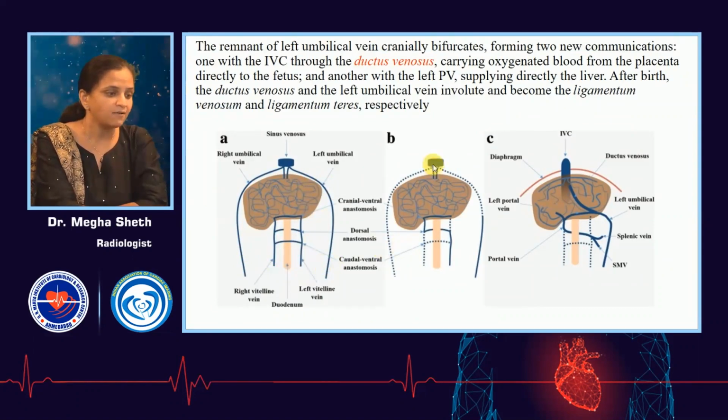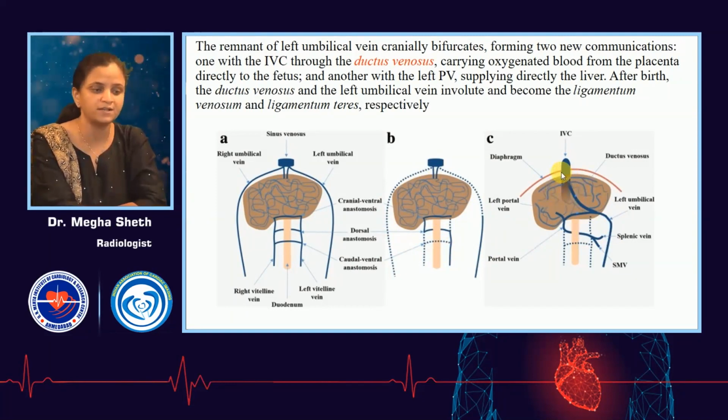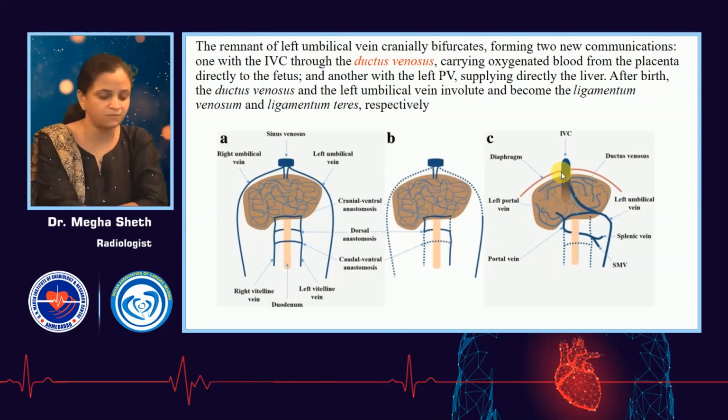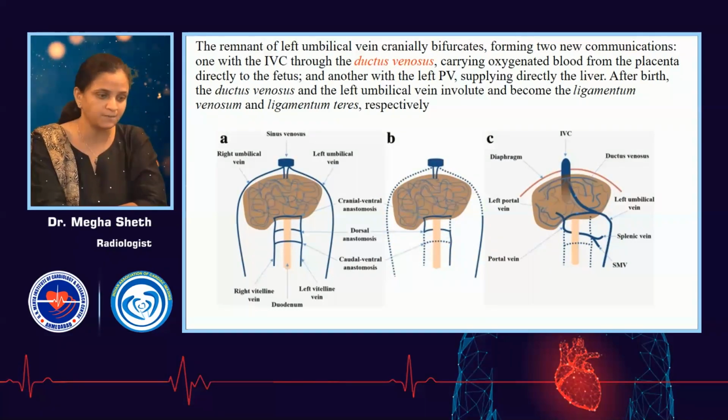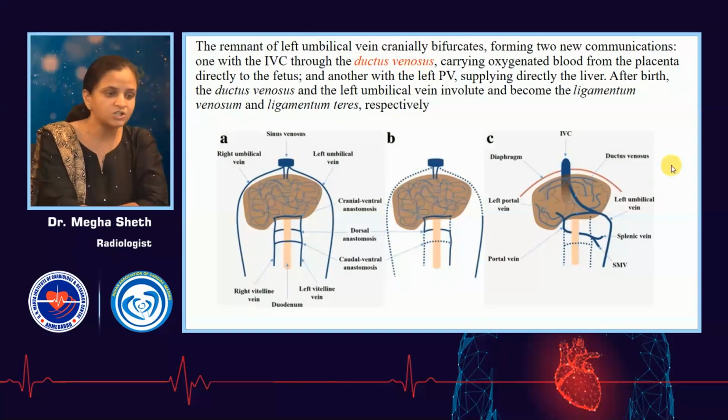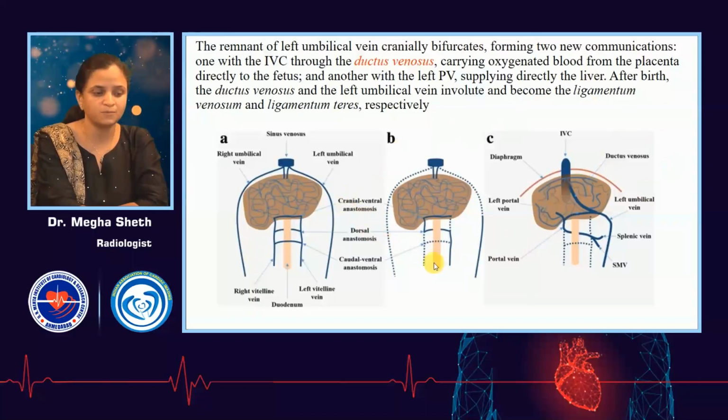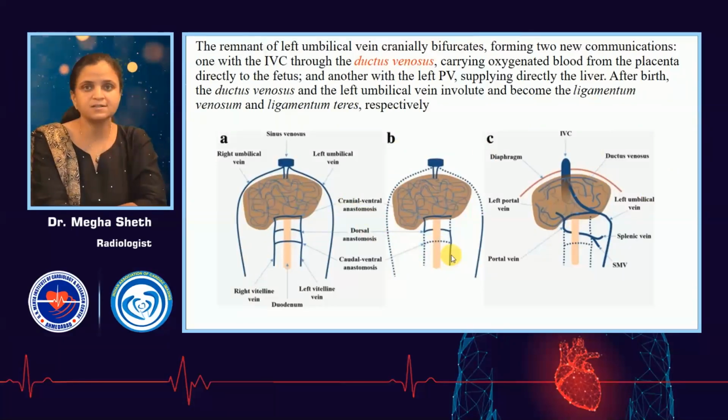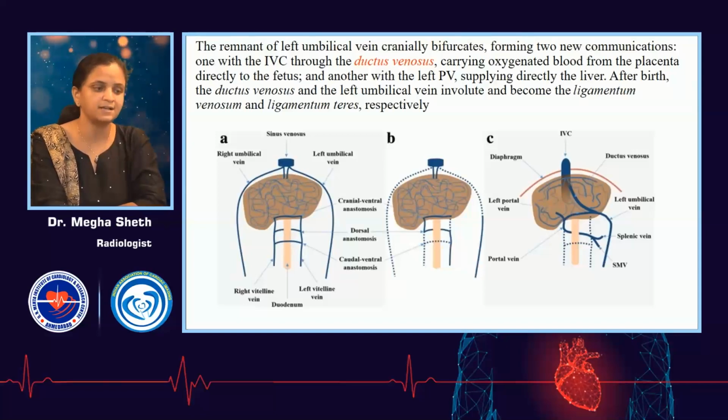The right umbilical vein involutes completely, whereas there is selective involution of the left umbilical vein and parts of the vitelline venous system that forms the portal vein, as well as the ductus venosus that carries fetal blood from portal vein, bypassing the liver to inferior vena cava during fetal life, and after birth it forms ligamentum venosum.